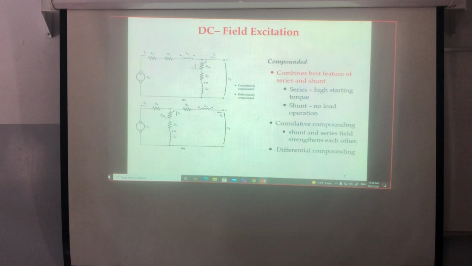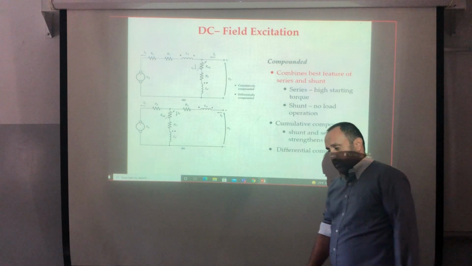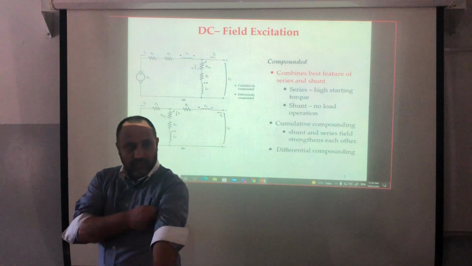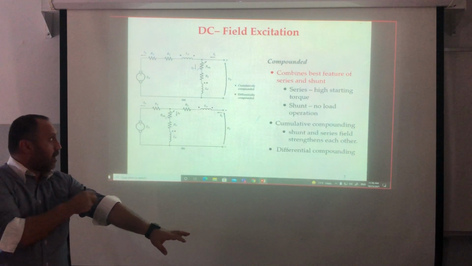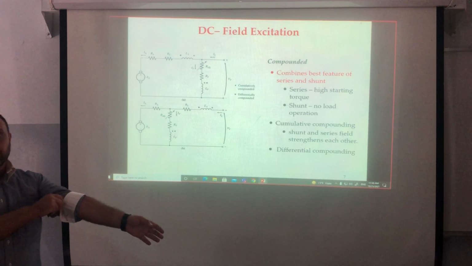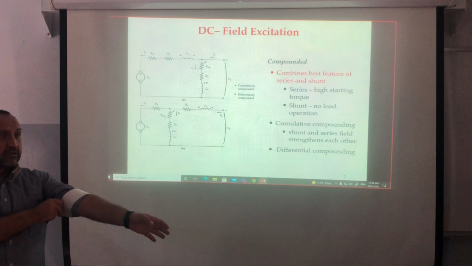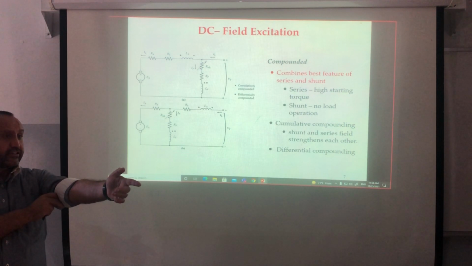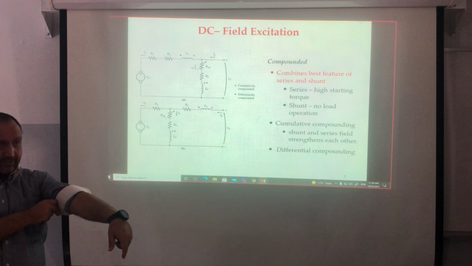Okay. Now, which one is recommended for the generator action, and which one is recommended for the motor action? The differential compound or the cumulative compound? The cumulative is recommended for the motor, and for the generator, the differential. Good. Why?